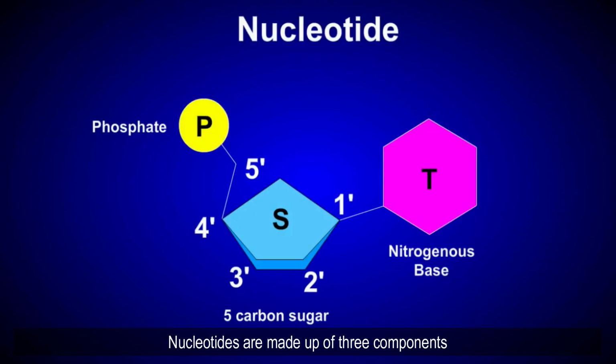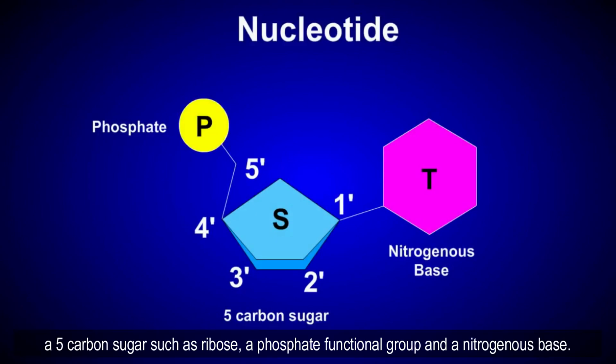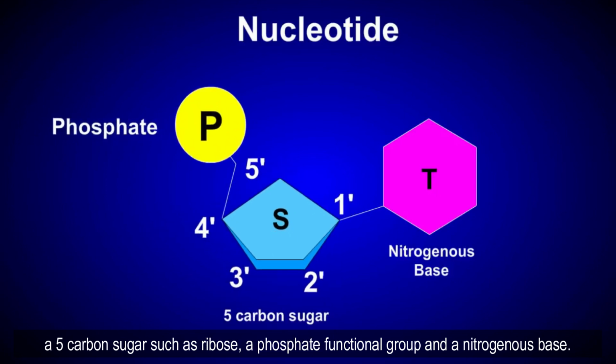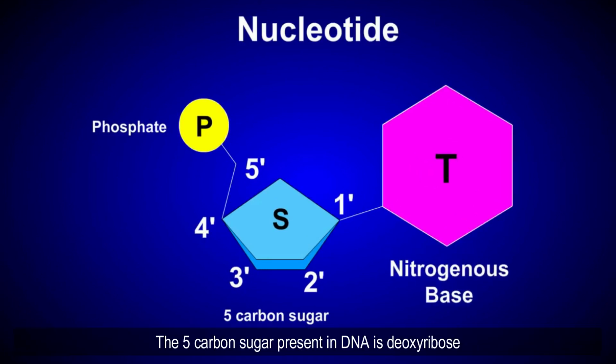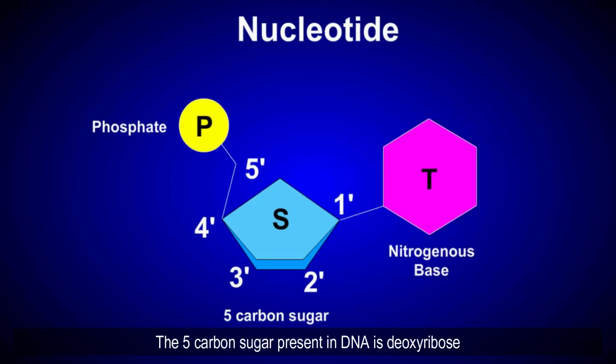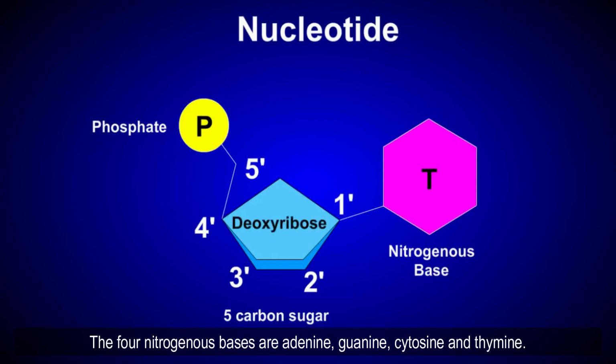Nucleotides have three components: a 5-carbon sugar, or ribose, a phosphate functional group, and a nitrogenous base. In DNA, the 5-carbon sugar is deoxyribose, while the four nitrogenous bases are adenine, guanine, cytosine, and thymine.